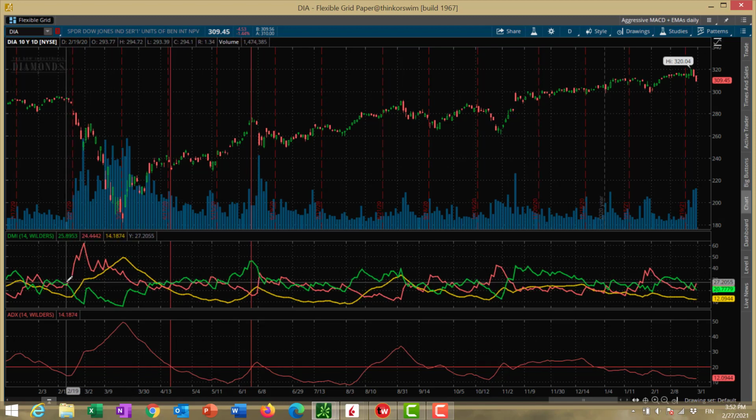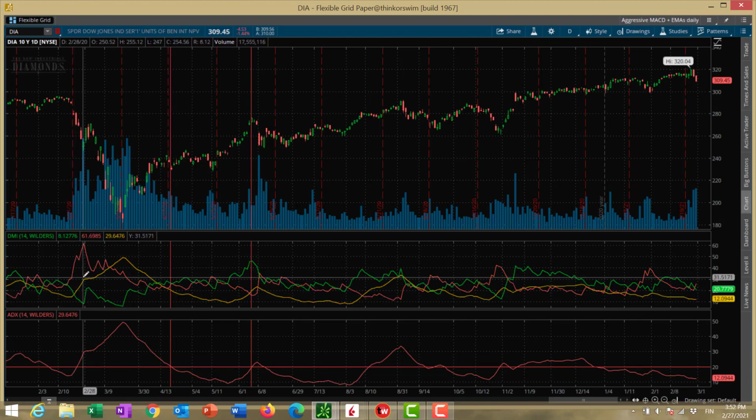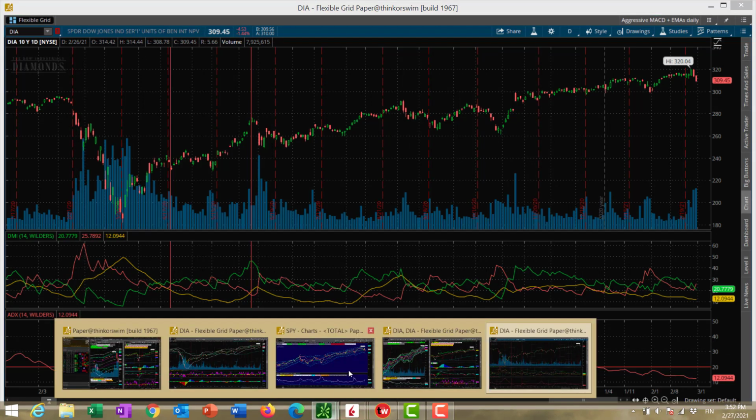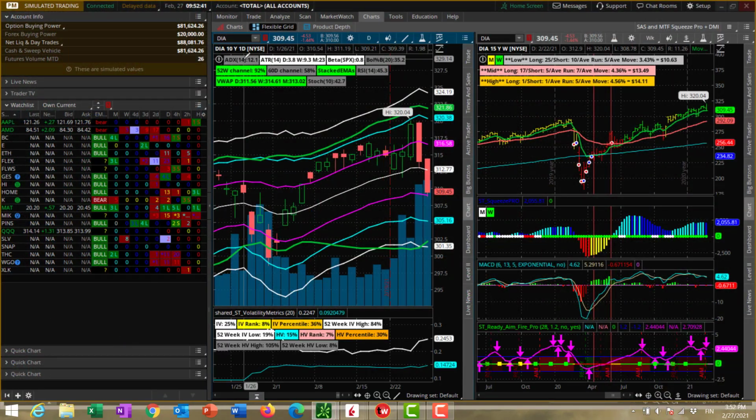But the going down can also be seen in that the red one, so that was the DMI minus, so directional movement indicator, the negative one, is going up while the ADX is going up. And from here onward, this light in here would have been red.